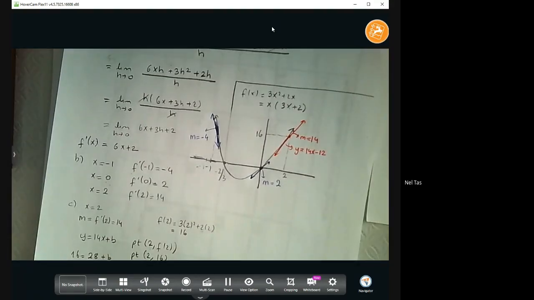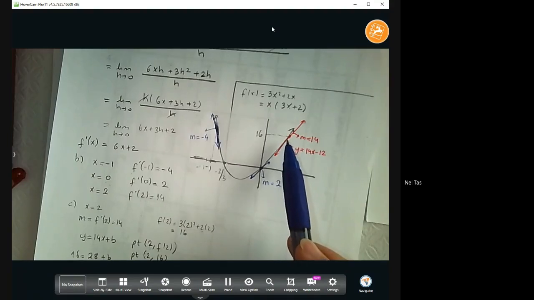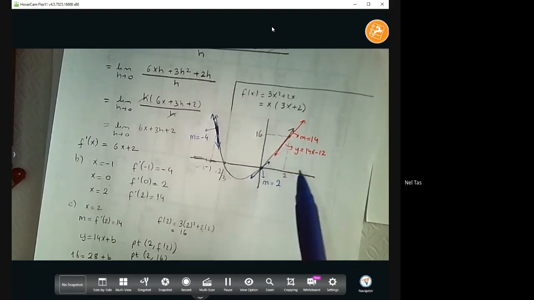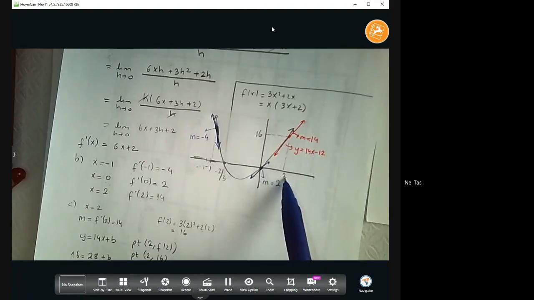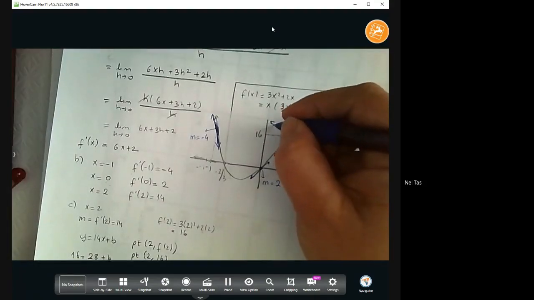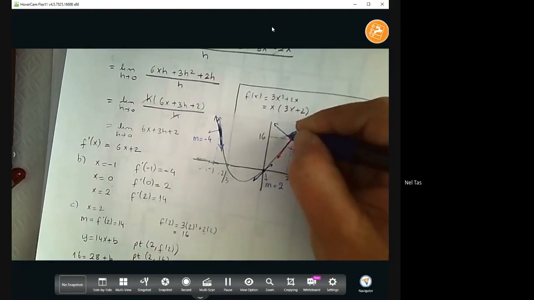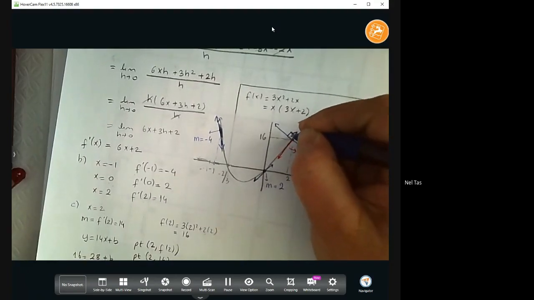So the next question is asking you, part D, find the equation of the perpendicular line at the point of tangency where x equals 2. So we need a perpendicular line to this tangent. They make 90 degrees.